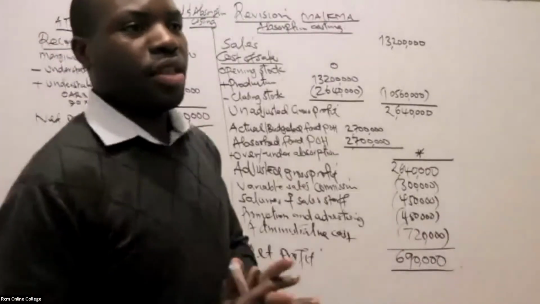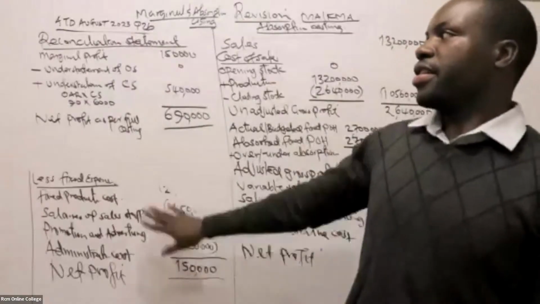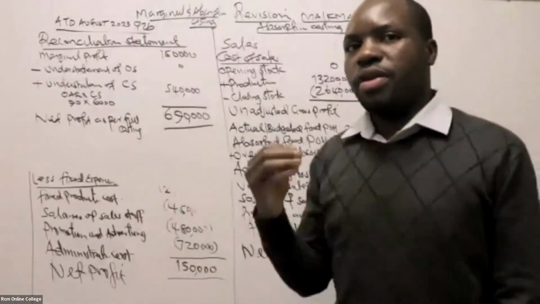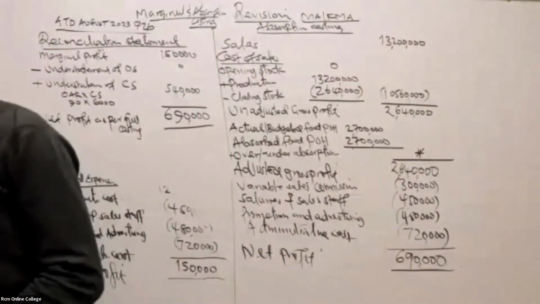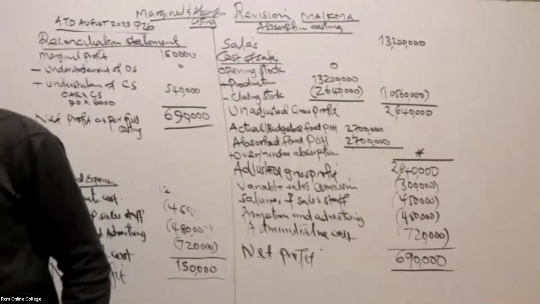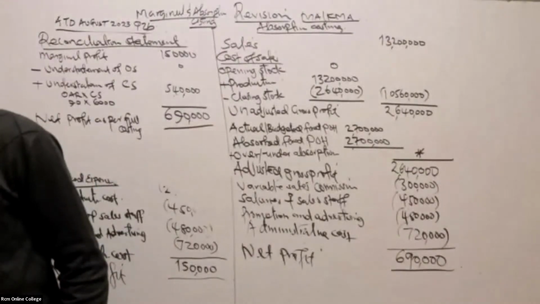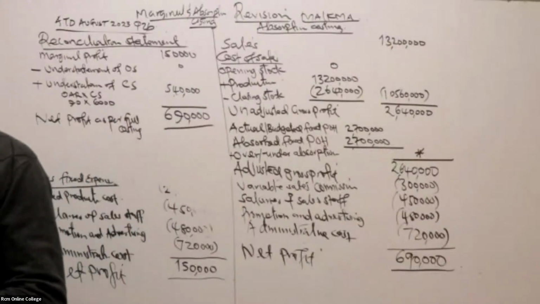So let's agree, assuming you are to take your exams tomorrow and you find this question in your exams, will you be able to get all the 10 marks? Yes, so that's how simple this unit is.